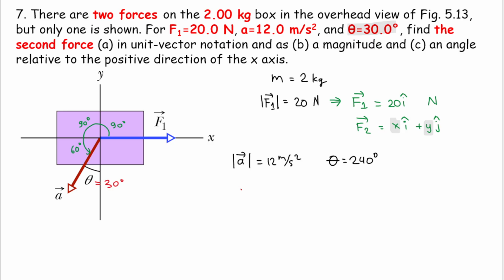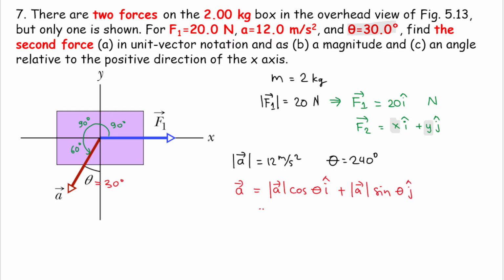Okay, so we will have A in unit vector notation: the magnitude of A multiplied by the cosine of theta, and this one will be on the i direction, and then plus the magnitude of A, but this time multiplied by the sine of theta, and this one will be on the j direction.